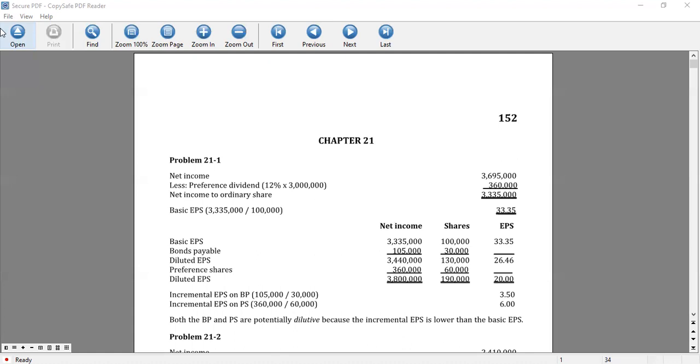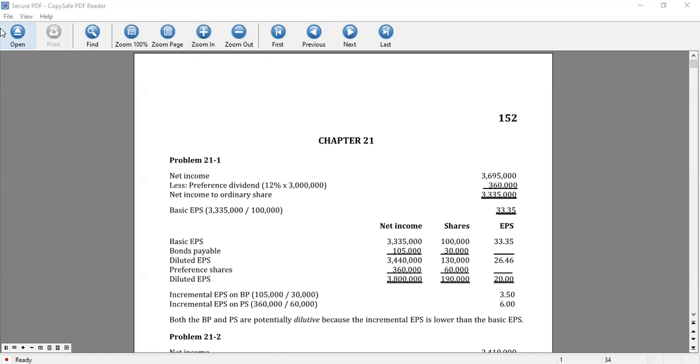So both the bonds payable and the preference shares are potentially dilutive because the incremental EPS is lower than the basic earnings per share.